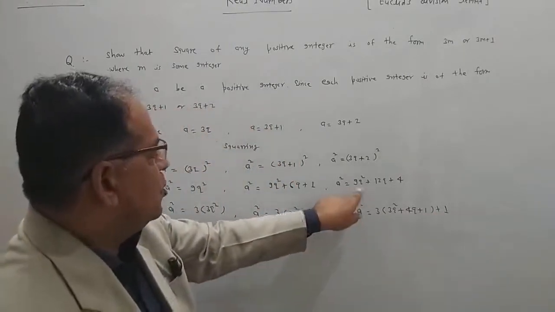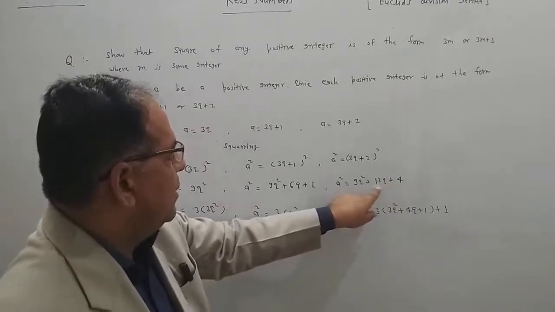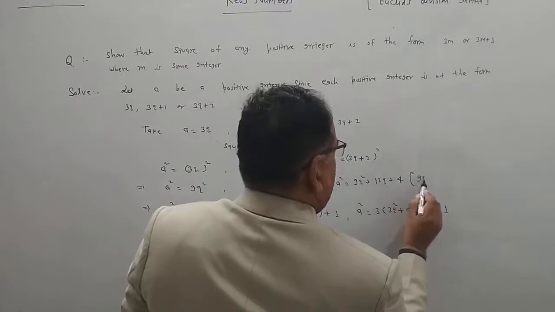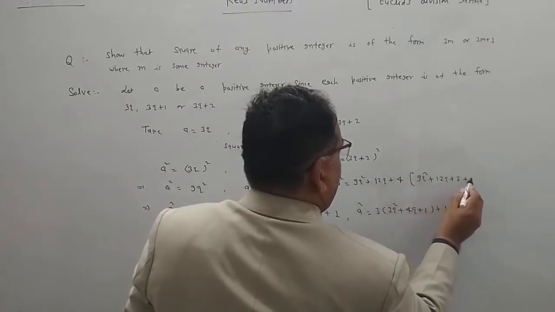Because 9q square plus 12q plus 4 can be expanded as 9q square plus 12q plus 3 plus 1.